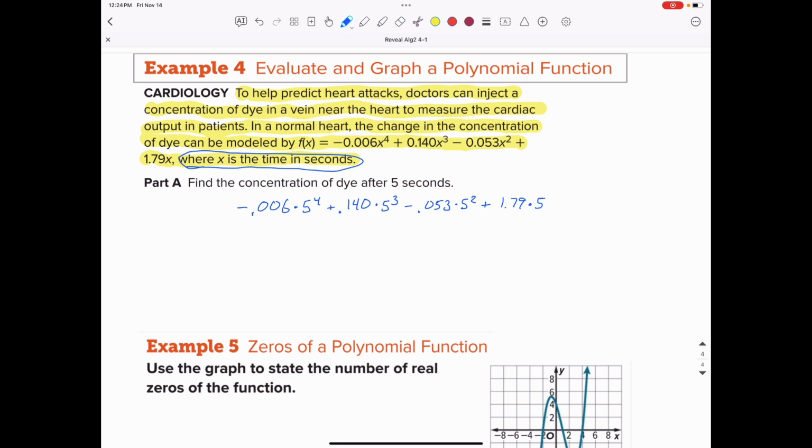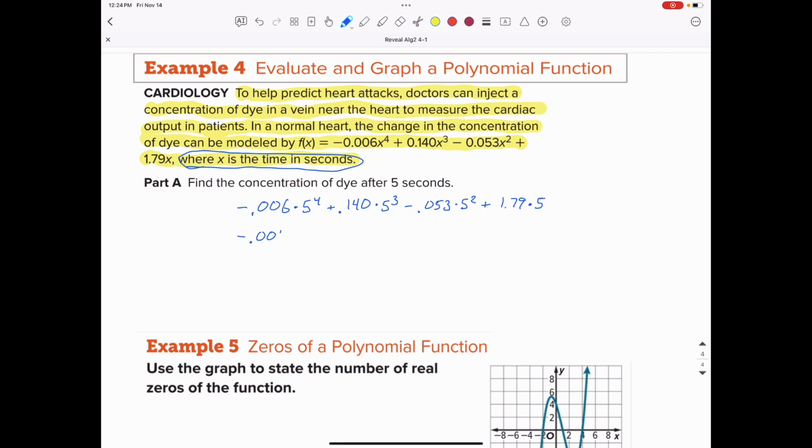Depending on the type of calculator you have, maybe you can just plug that into your calculator, but I'm going to follow order of operations. And order of operations says we should be doing our grouping symbols first, which we don't have, but we do have exponents, and that is next.